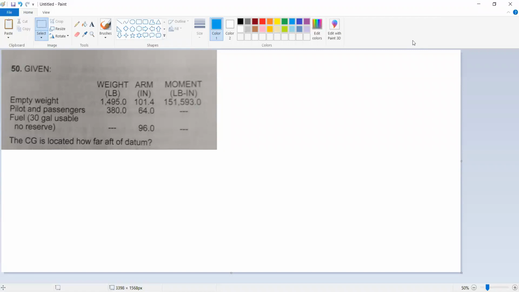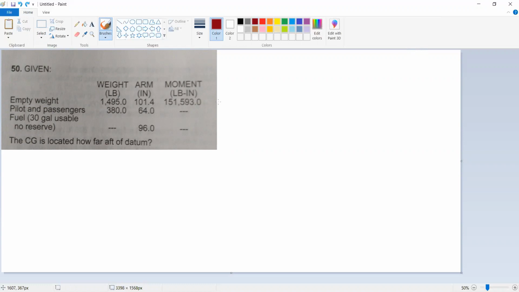Question 50. We have to do some math here. All right, so we're looking for the CG, located how far aft of the datum. So the first thing is we have to do all this multiplying. For the empty weight, they already did the first row for us, which is great. So we don't have to worry about that. Let's do the second row.